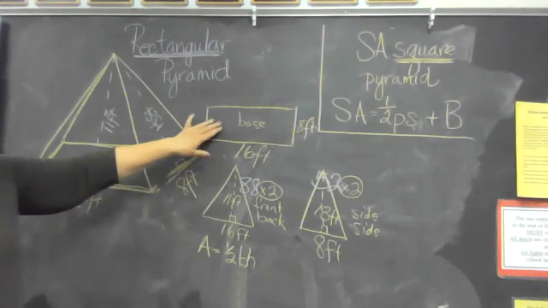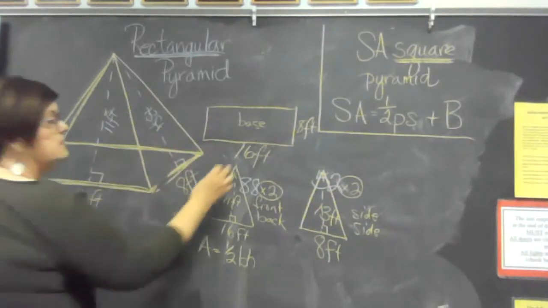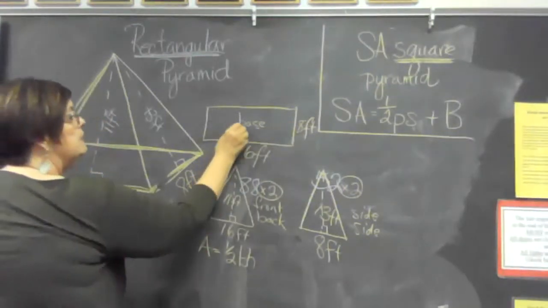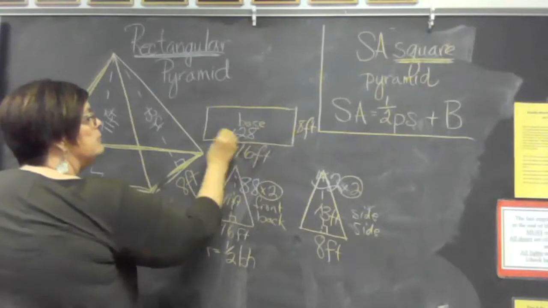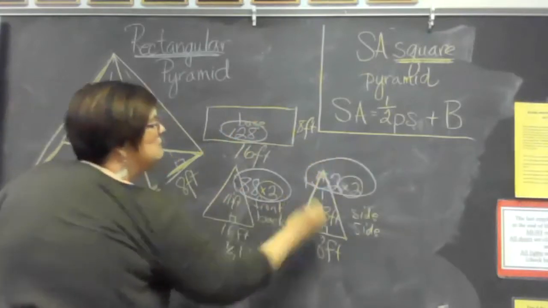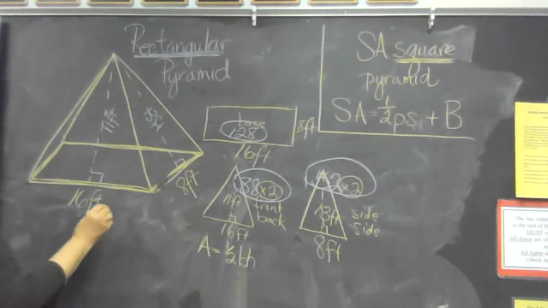And then the area of a rectangle is simply length times width, 16 times 8. And we're going to have 128, I'm pretty sure. So now we found the area of each individual piece of this pyramid, and we simply add them together.